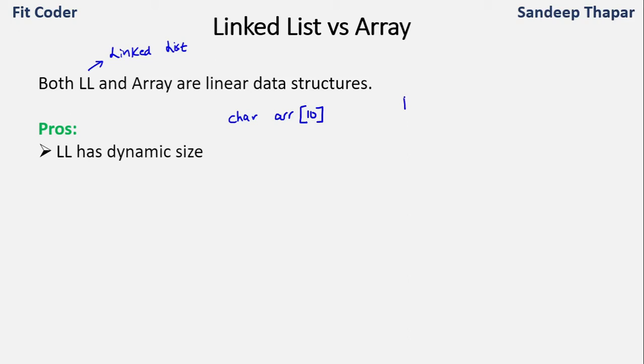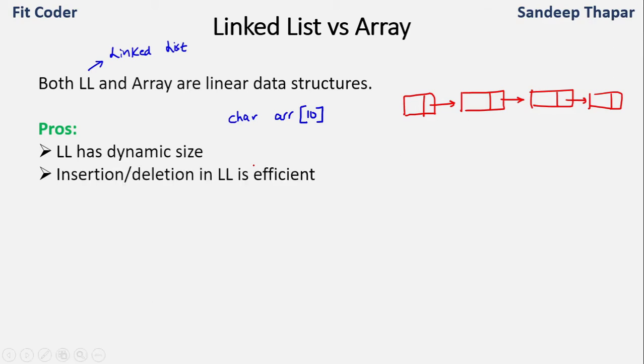At any point in time, if we have a linked list of, let's say, 2 nodes, we can always add or delete any number of nodes. So the size is not fixed, it is dynamic. It can be changed as and when required. That is a big advantage that we have in case of linked list. As per the requirement, we can increase the size dynamically.